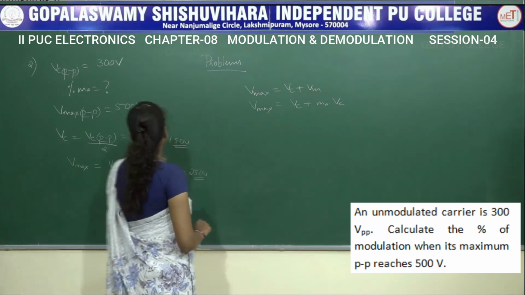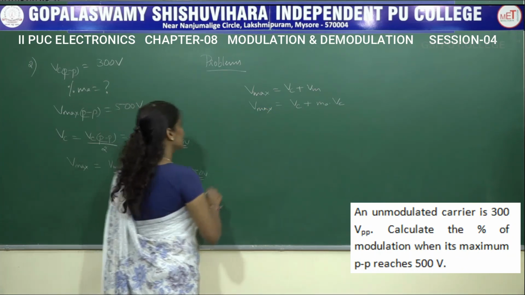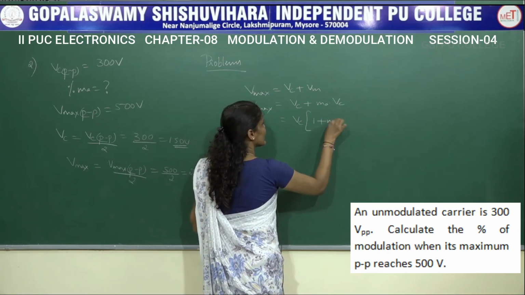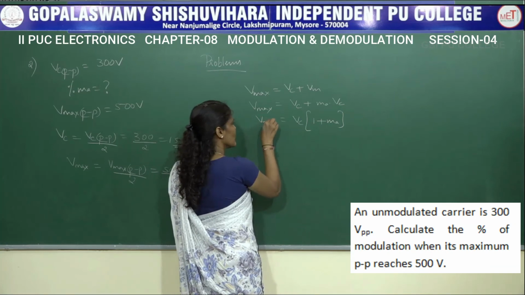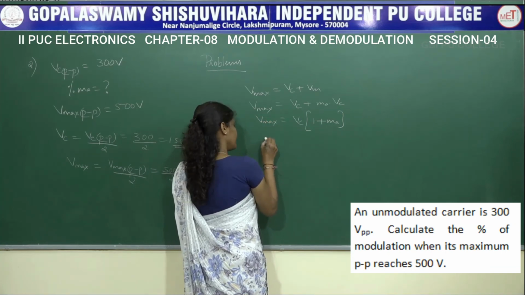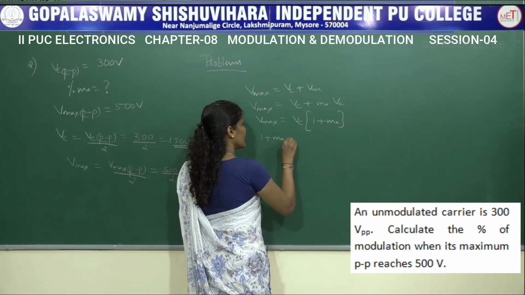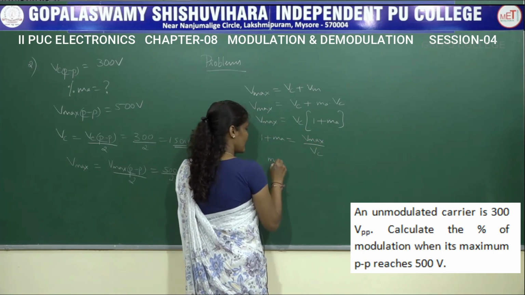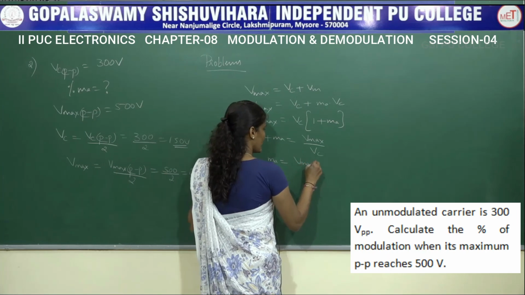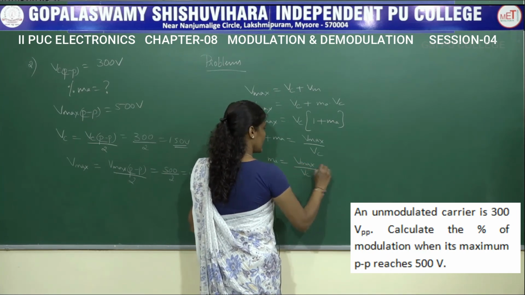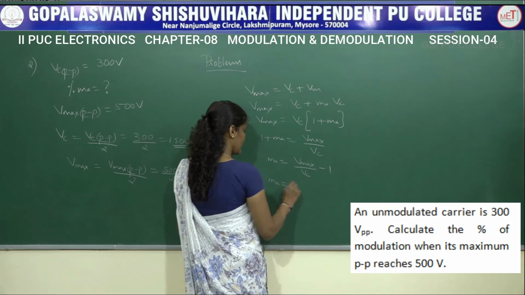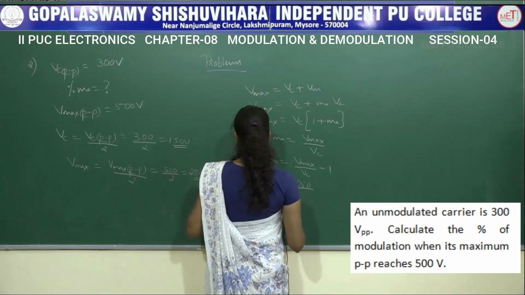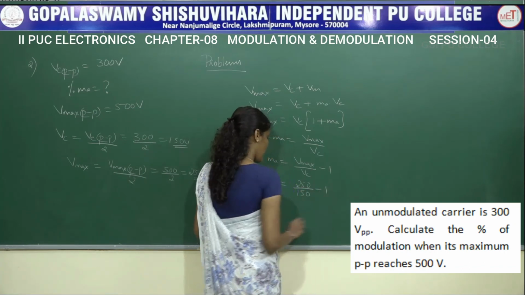But I want Ma, Vc we know. So here Vc is the common factor. 1 plus Ma equals Vmax by Vc, or Ma equals Vmax by Vc minus 1. So Ma equals Vmax value is 250, Vc value is 150 minus 1.